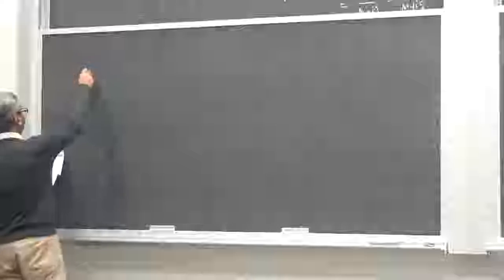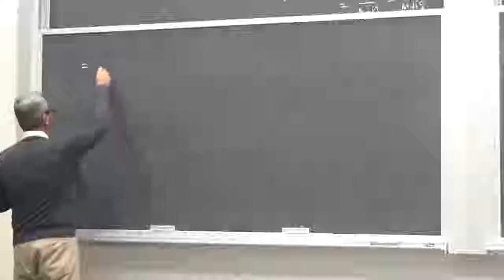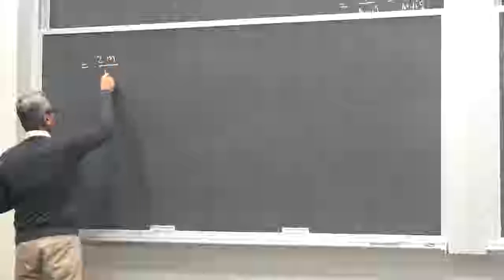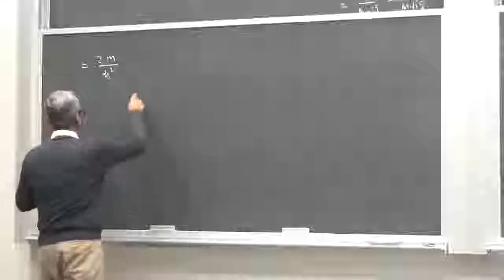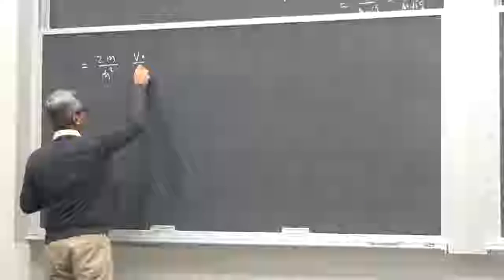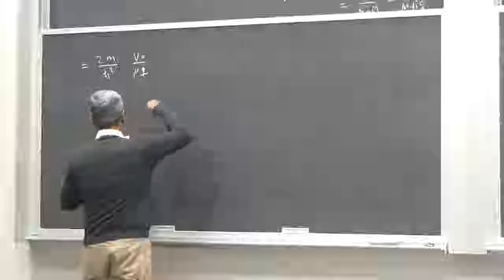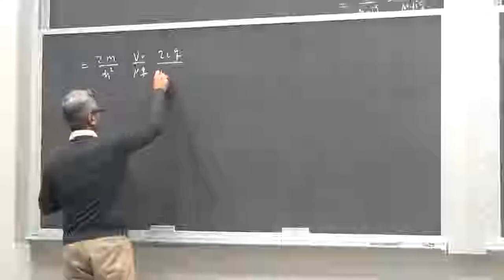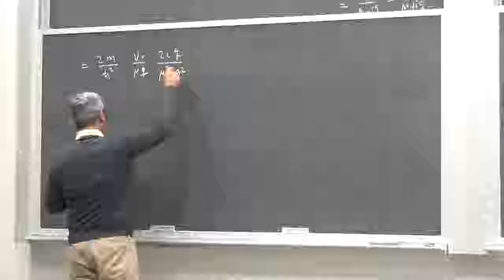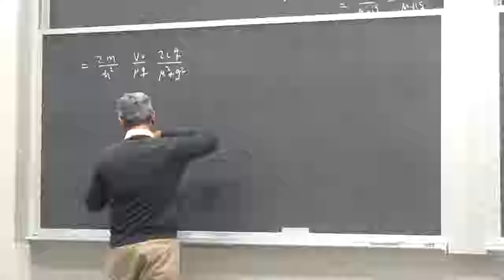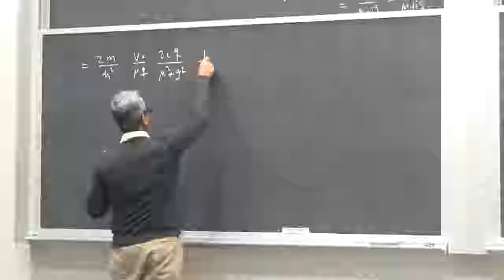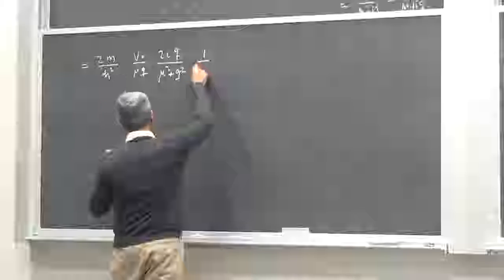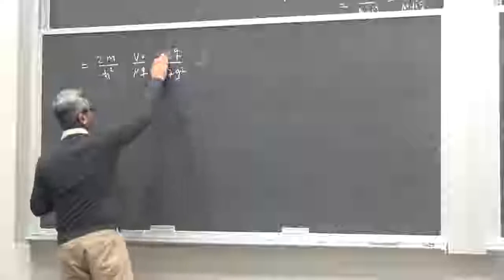So what you get for F1 is 2m over h cut squared, v naught over mu q, times 2iq over mu squared plus q squared. There is another 1 over 2i, so that just cancels.